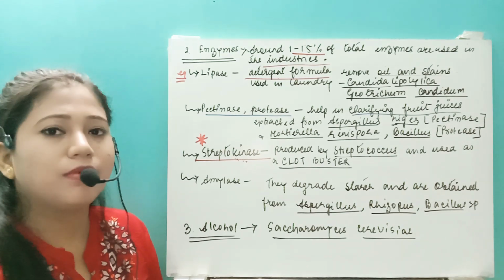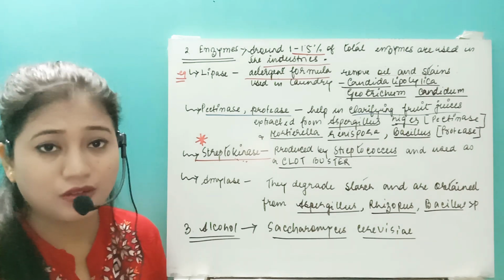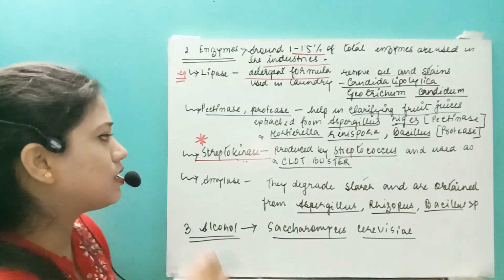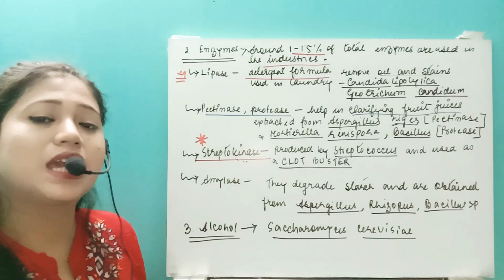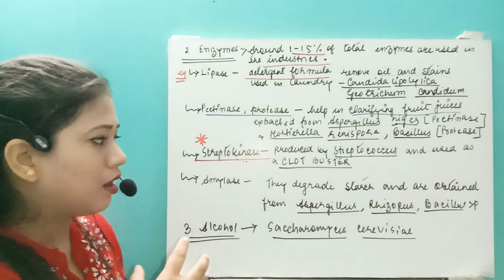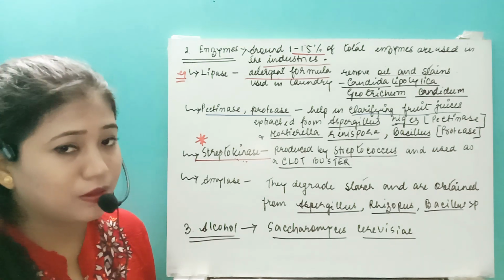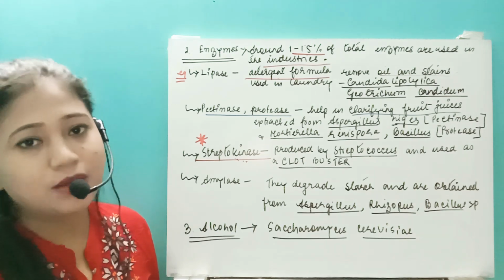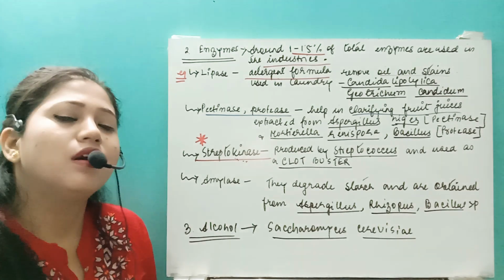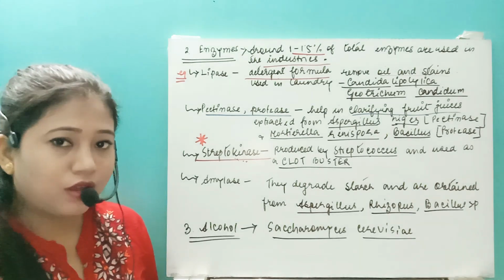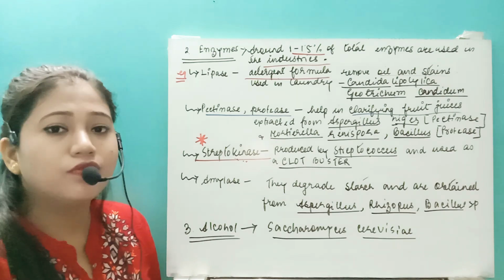So before a heart attack or stroke, in diseases like myocardial infarction, streptokinase is injected so that it can destroy the clot. If clots are present inside the blood vessel, it can break those clots and make the blood vessels free again for the flow of blood. It will help in clearing the blood vessels and removing the clots.